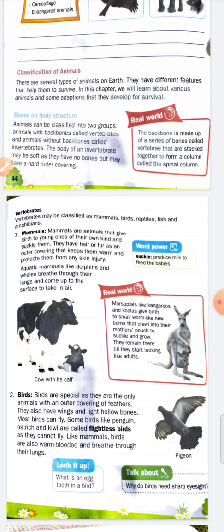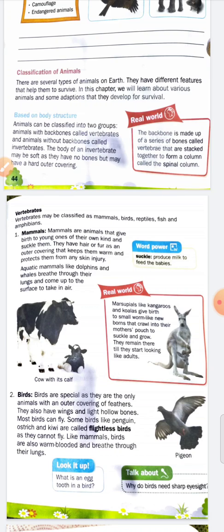So student, animals can be classified into two groups: animals with backbones are called vertebrates and animals without backbones are called invertebrates. What is the backbone?